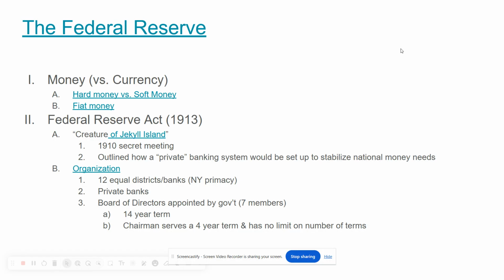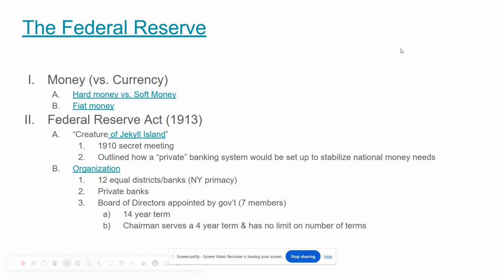Okay, you must use the peso. There is nothing backing the peso up. There is nothing giving the peso value other than the fact that we tell you that you must use it and the peso has value. The US dollar is another example of fiat money, as are actually most world currencies.